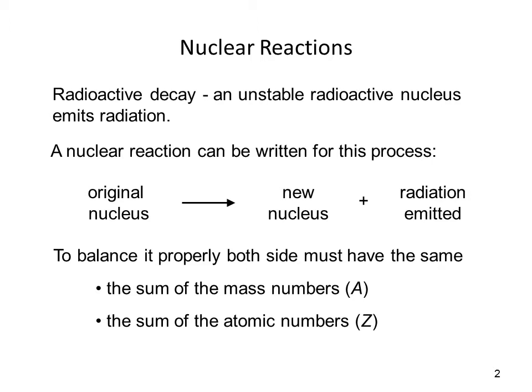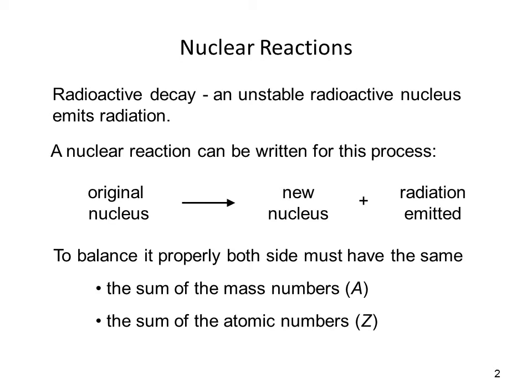What happens in a nuclear reaction is that you have a beginning nucleus that undergoes a change, and then it becomes a new nucleus, and some kind of radioactivity is emitted. That new nucleus is often a new element, and so we call it transmutation of the elements.